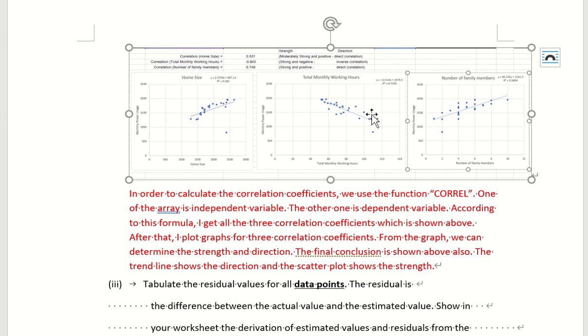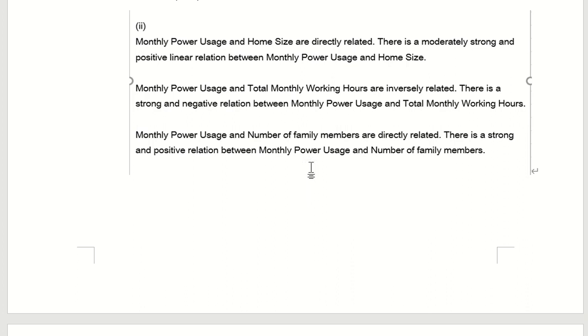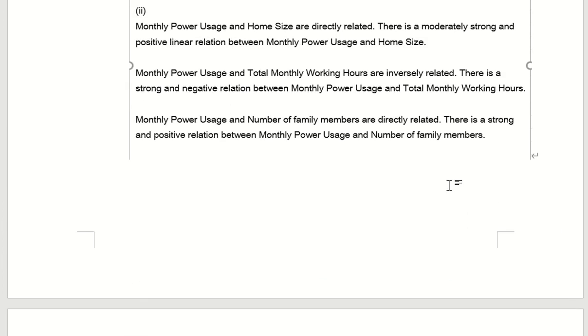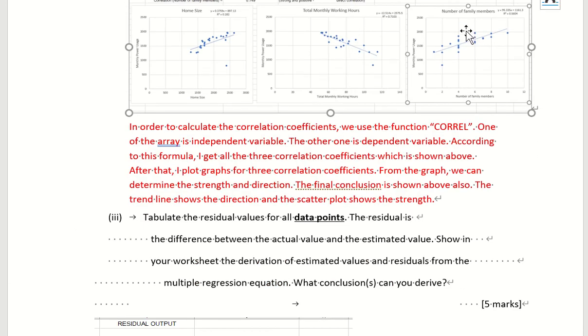For total monthly working hours, it has an inverse correlation as the line is moving down, and it is strong and negative. And for number of family members, they are directly related, and there is a strong and positive relation between them, which can be seen here.